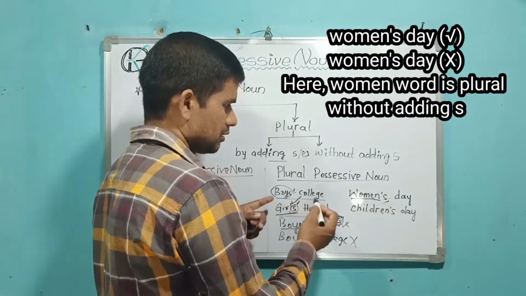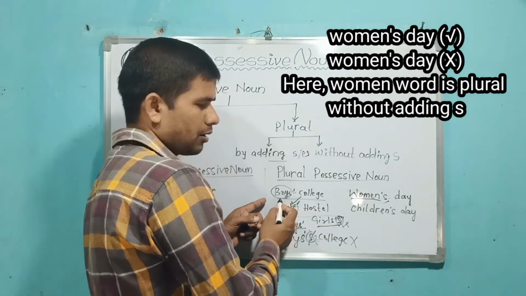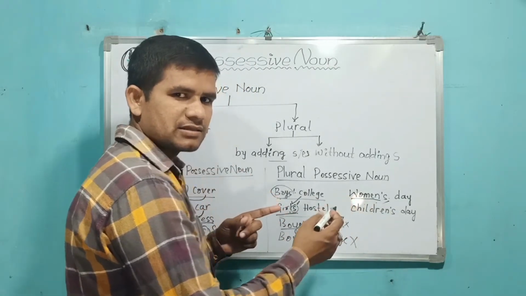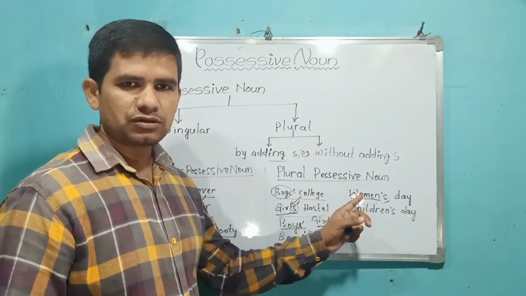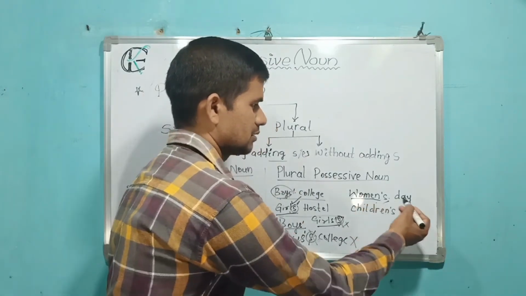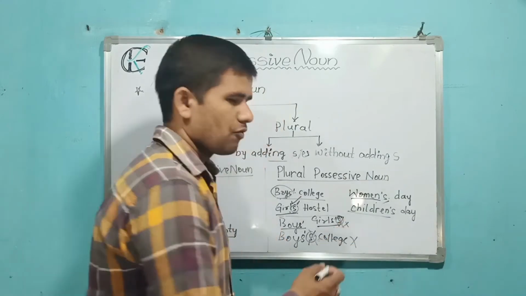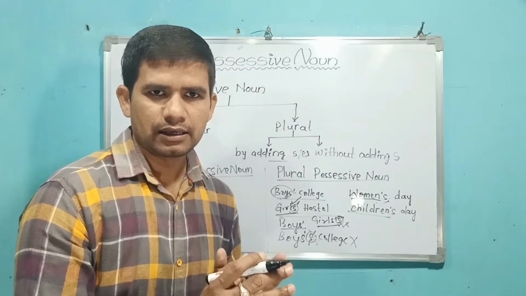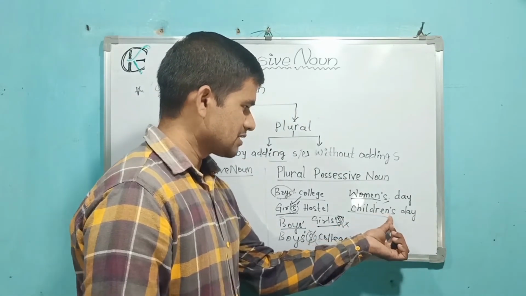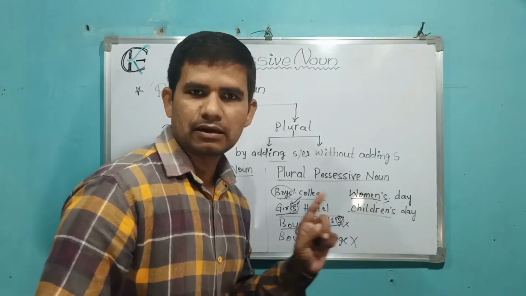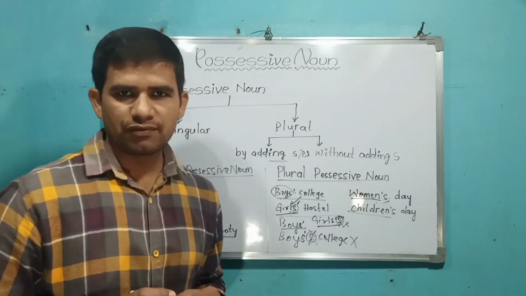The difference between this plural possessive noun and that plural possessive noun is quite different. So you have to observe these two things. Women's Day, Children's Day. See, children is a word that is already plural. Since we are not using s here, the apostrophe will be inside of the s. Clear? I hope you understood well.